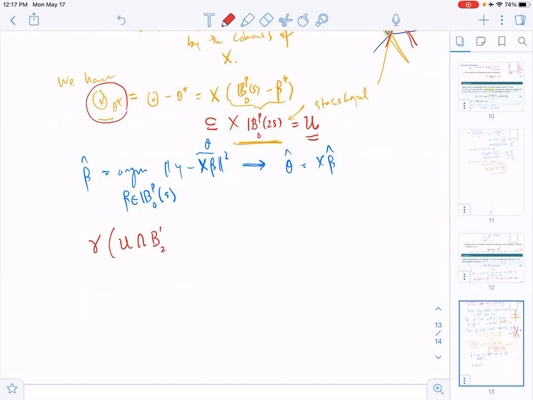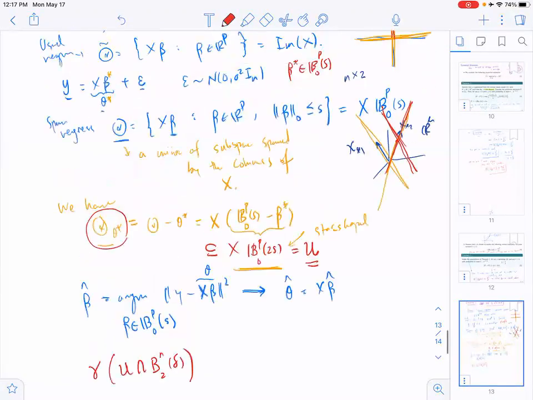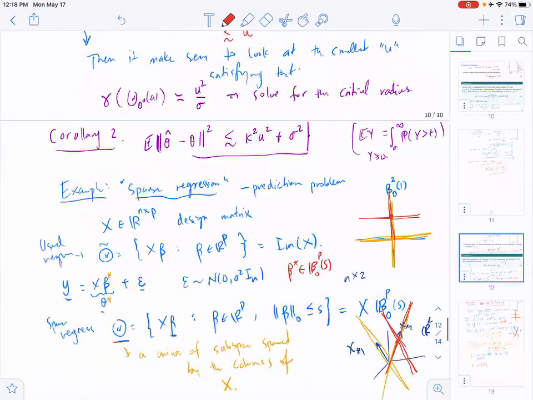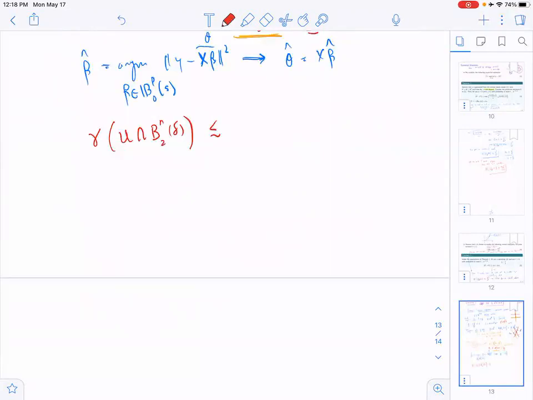I'm going to do it with radius delta instead of U delta. And that's just this quantity. This is theta, this is like theta star intersect with this. And then the critical idea, like the radius, would be computing this and comparing this with delta squared over sigma. Okay, so we have to figure this out.